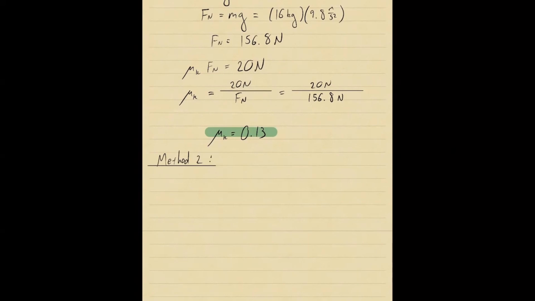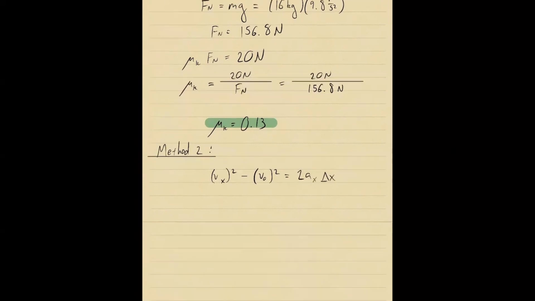So for example, we know that the final velocity of an object squared minus the initial velocity of an object squared, all this in the x direction, is equal to 2 times our acceleration in the x direction times our displacement in the x direction.